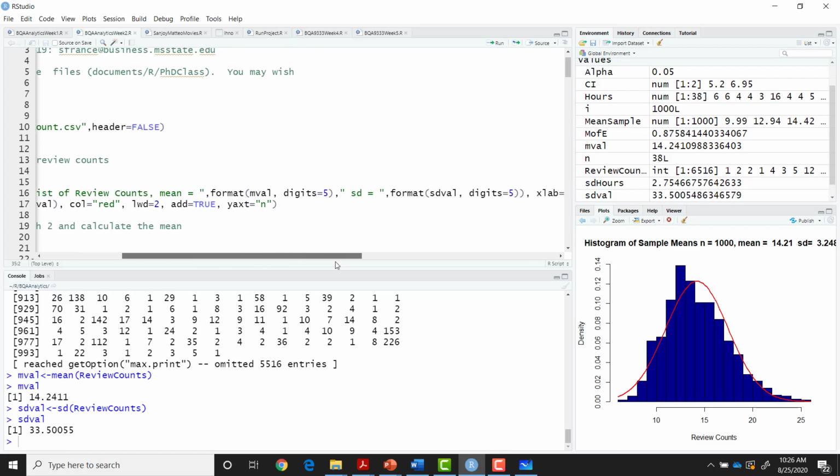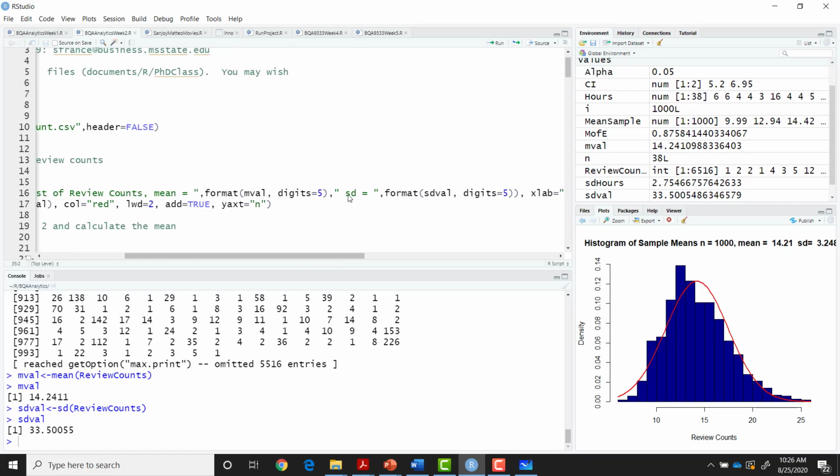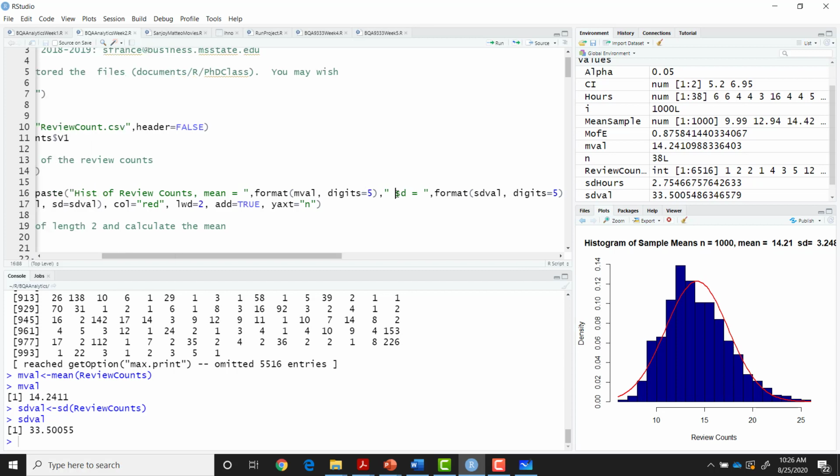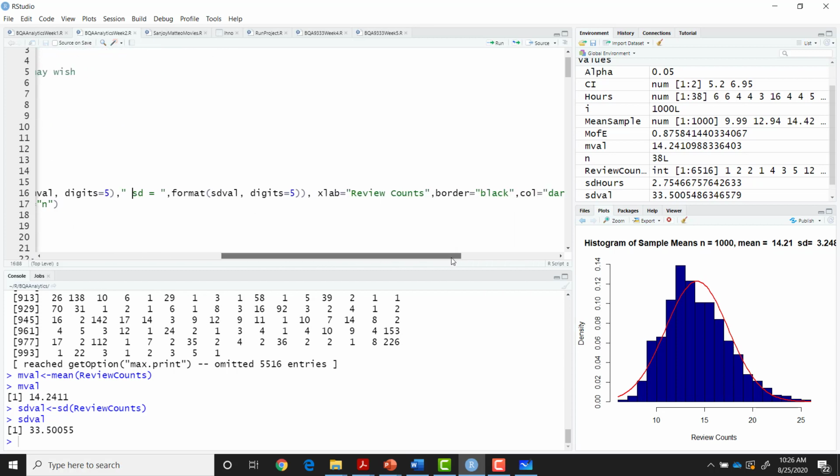We also have the review counts, and as the X label, it's the number of review counts, and then a little bit on the colors. And I set, as I told you last week, the number of breaks and the fact this is the probability histogram. Now the dnorm function actually produces a normal curve.